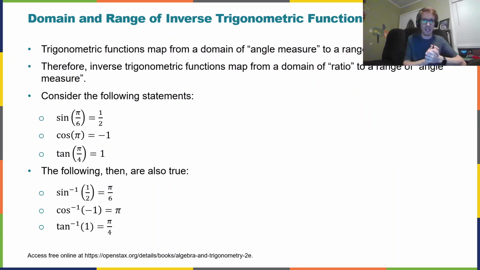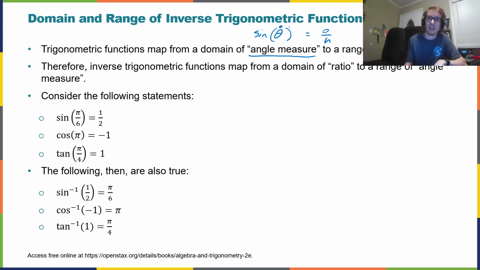So, the domain and range of inverse trigonometric functions. Let's think about how trig functions work. Trigonometric functions map from a domain of angle measure, so you say something like sine theta, to a range, an output of a ratio. In the case of sine of theta, that maps to a ratio that is opposite over hypotenuse.